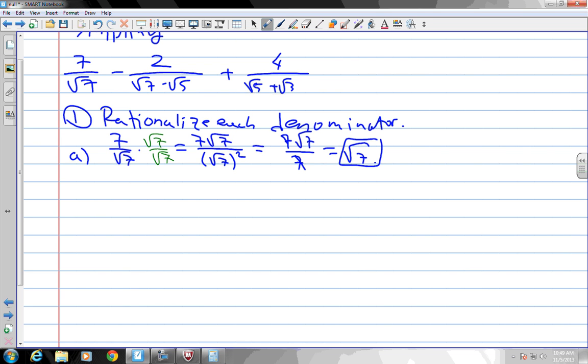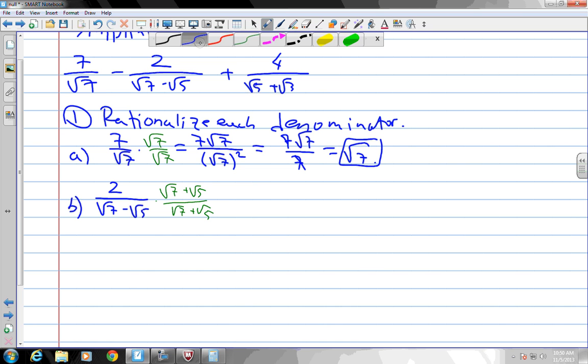Now let's take a look at the next one. 2 over square root of 7 minus square root of 5. How would we do that one? What do I need to multiply that by? Right, square root of 7 plus square root of 5, because then I can use the difference of squares formula.